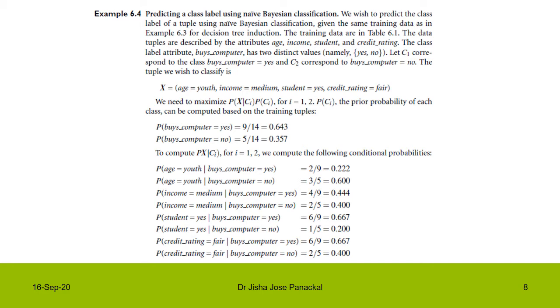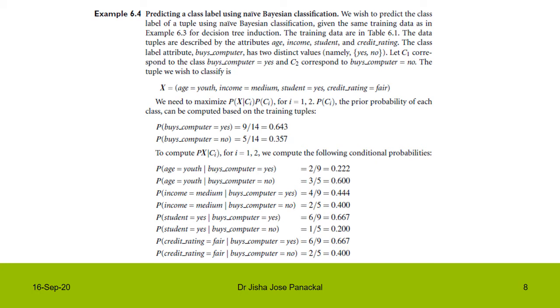The probability of Ci, that is the prior probability of each class, can be computed based on the training tuples. We have a training tuple table, and this is the same example we considered with the decision tree. You can see that table for reference.